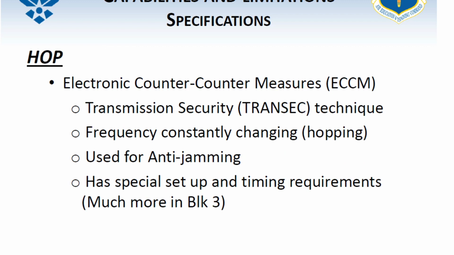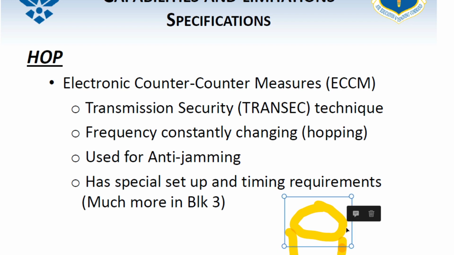It's where our frequency constantly changes by hopping. You can use this for anti-jamming, so if your opponent does not know which frequency you're on, it's a lot harder for them to jam you. It has special setup and timing requirements. But as he alluded to, you will learn much more about this in block 3, where you're going to set this up in your radio and practice and utilize hopping.